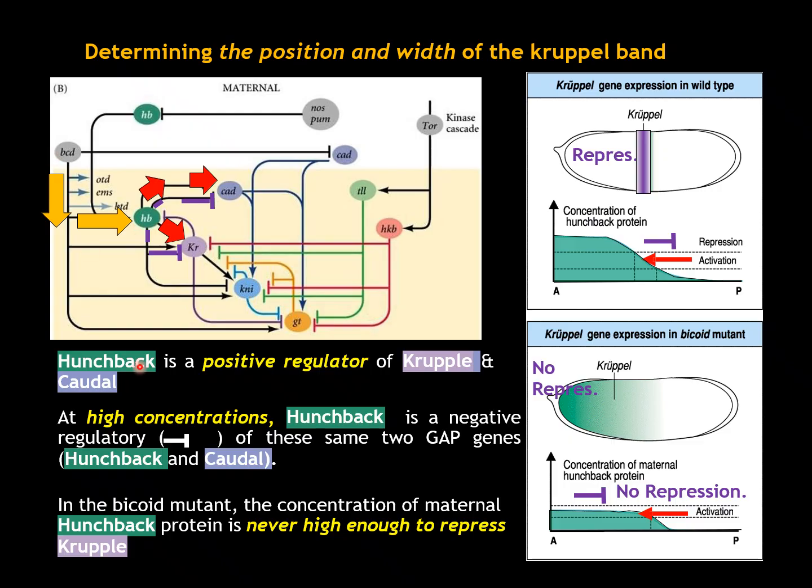However, if you have a mutation here in bicoid, hunchback is not able to have the action on these genes here. It will not be able to repress or positively regulate. So as you can see, there is a feedback of the interactions as we talked about in the beginning.